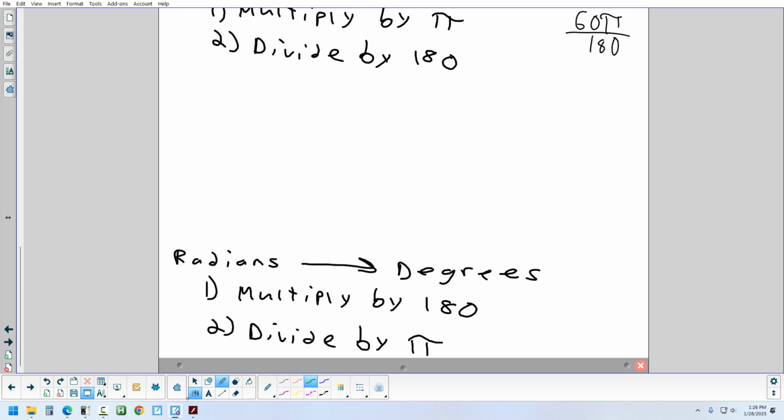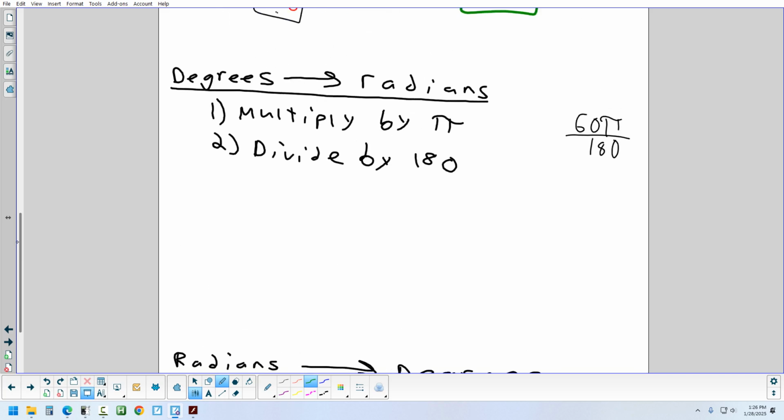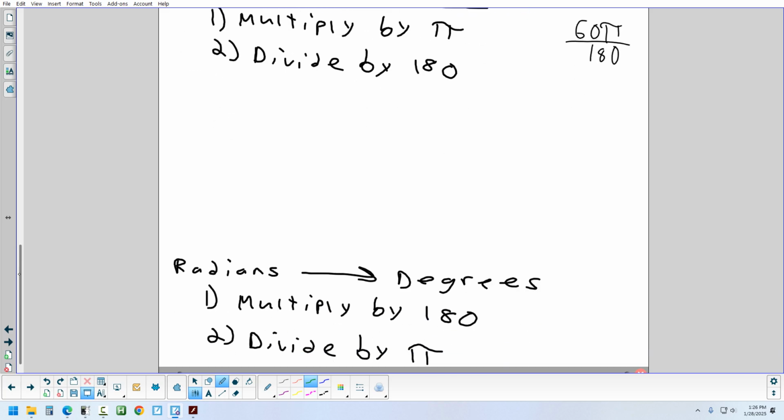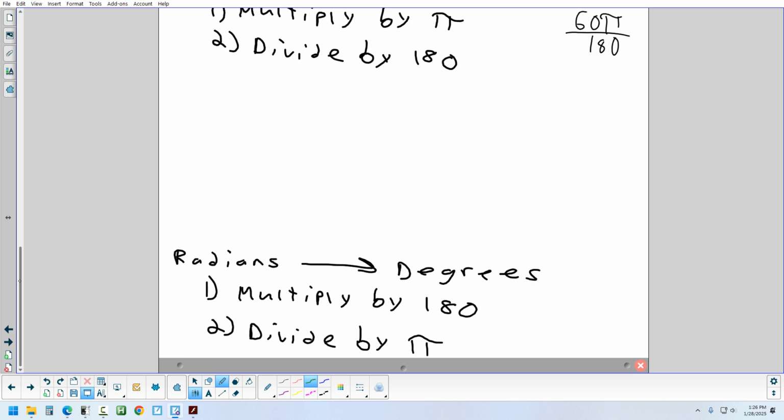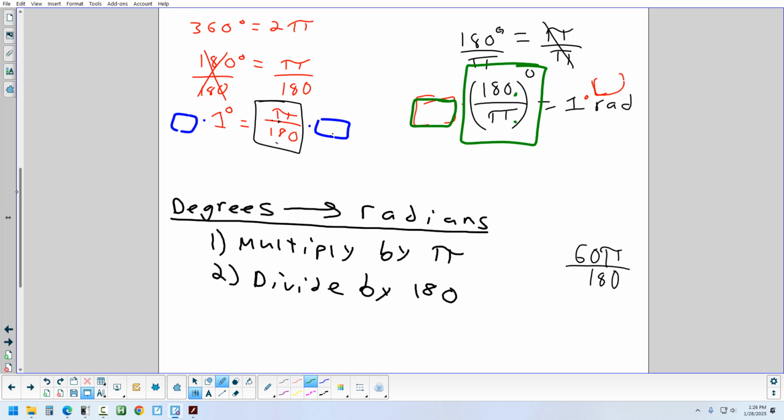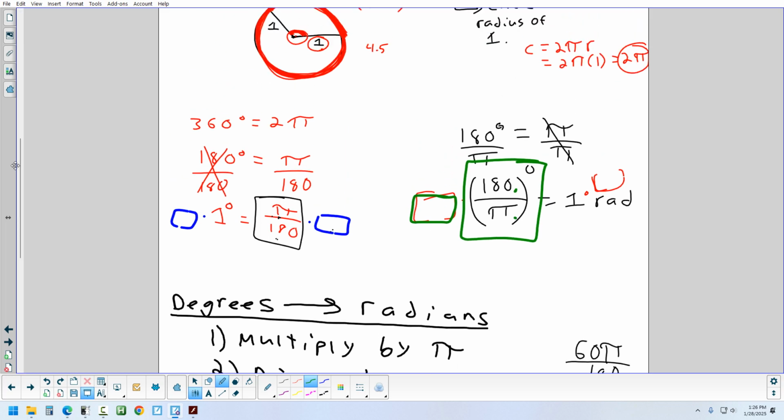Okay, so it can be kind of easy to mix those up. One's multiply by pi, one's divide by pi. So we gotta keep that straight. And the way you can remember it is, whenever I say degrees, when we're converting, I want you to think of the number 180. When I say degrees, think 180.